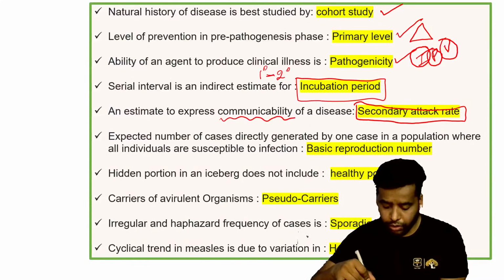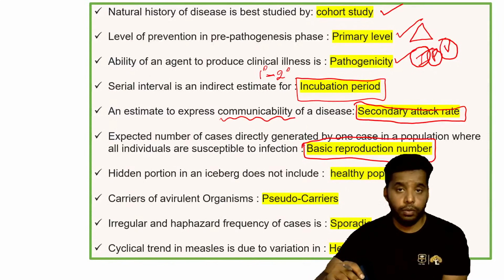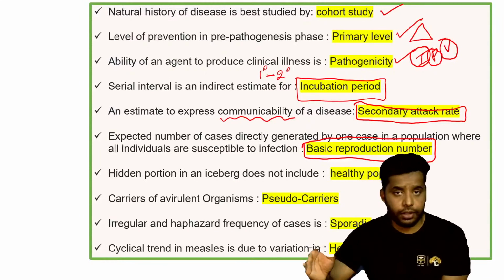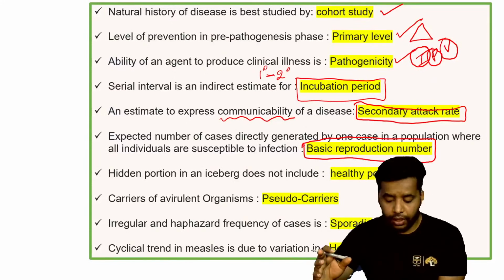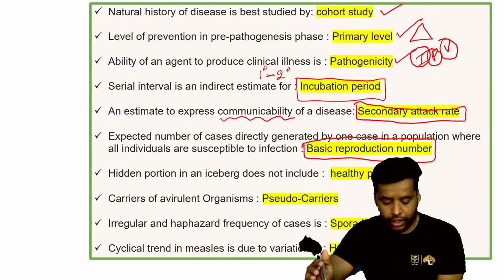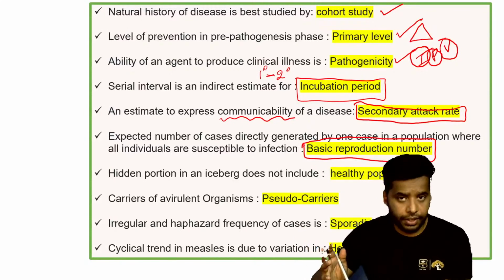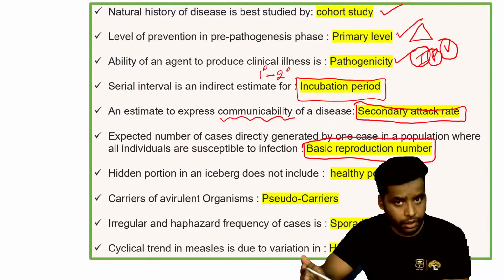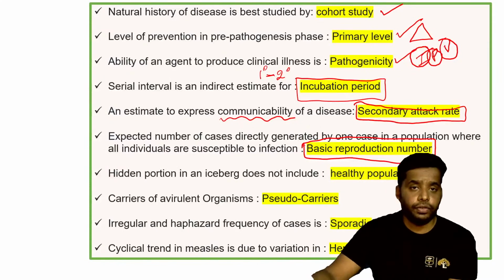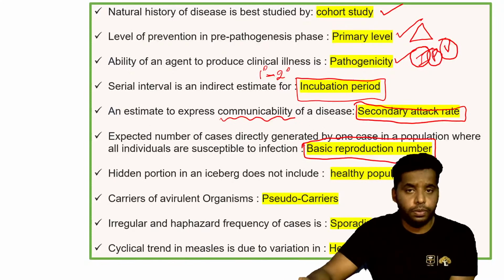But if I want to know the rate of spread in the whole population, important, we have the basic reproduction number: the expected number of cases generated by one case in a population where all individuals are susceptible to infection, meaning a new disease. For example, COVID, everyone was susceptible. It checks the rate of transmission in the community for a disease which is new to the population.